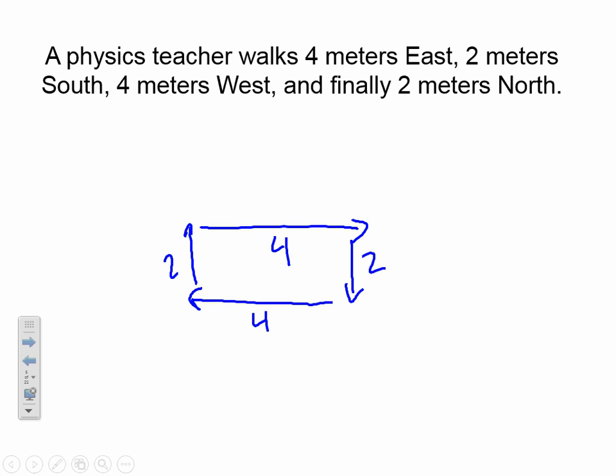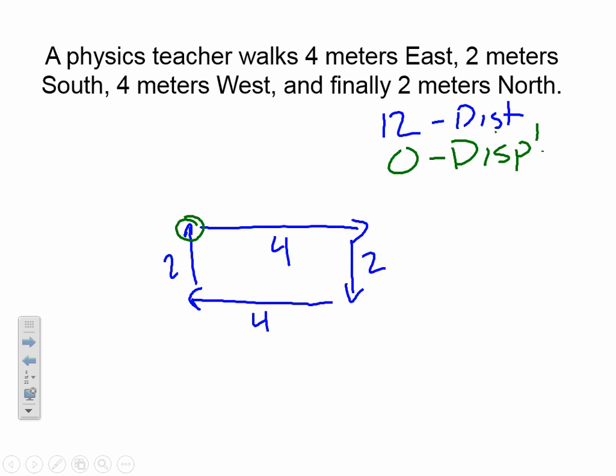What's their total distance traveled? 4, 6, 10, 12 was our distance. What's our total displacement? Where was our starting point? Where was our ending point? Same spot. So our displacement is 0.